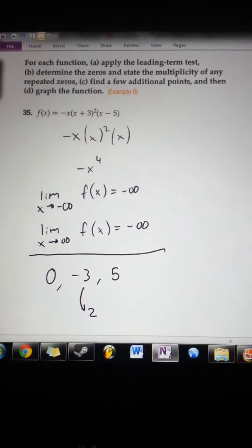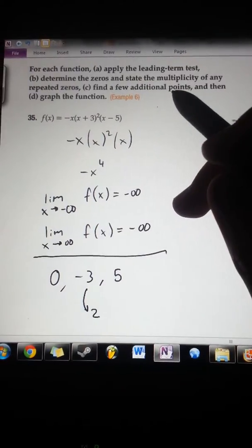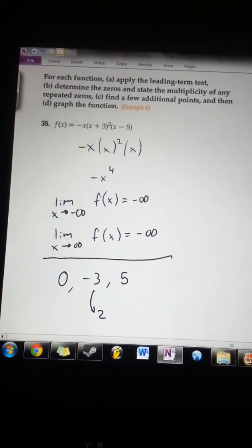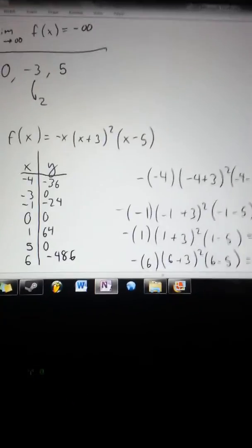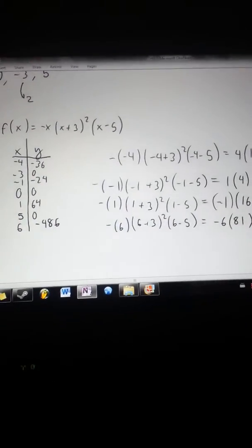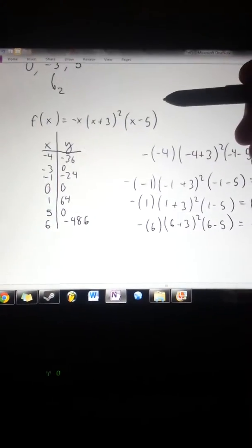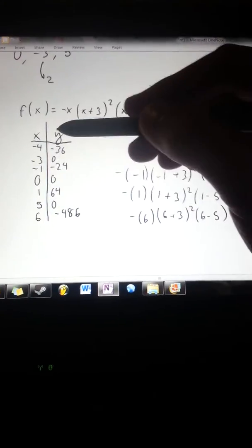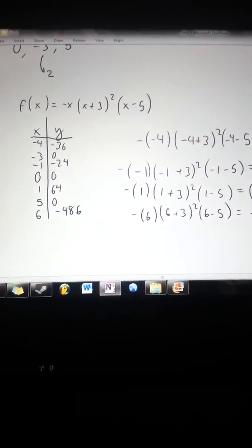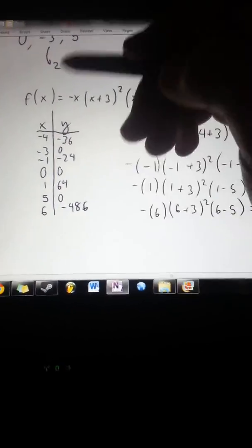And so then for C, we're going to find a few additional points, which I've already done to save time. Basically, all you have to do for this is record the zeros, which are, again, negative 3, 0, and then 5, and then take a few other points between and outside of the zeros, or before and after the zeros, rather.